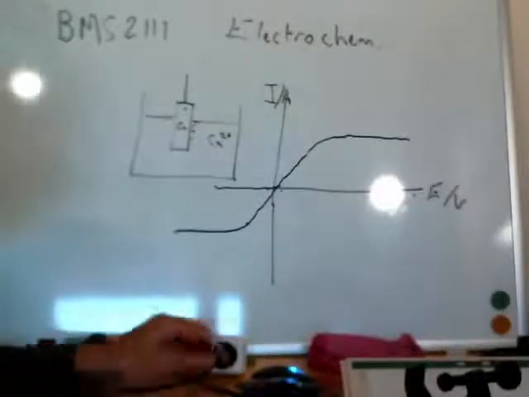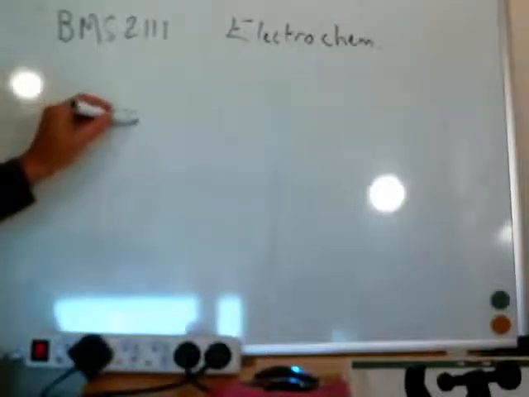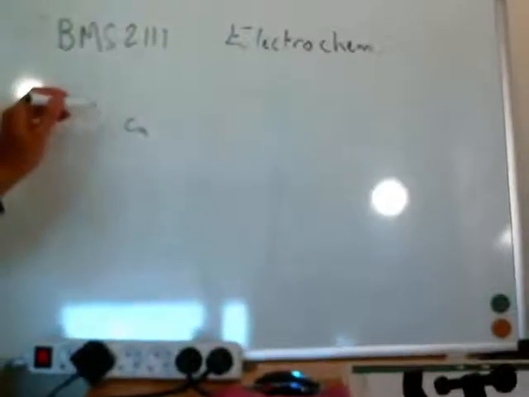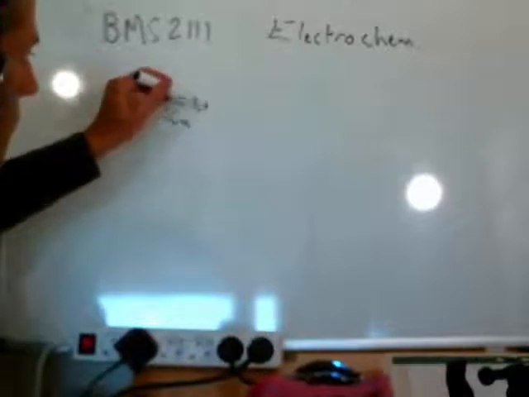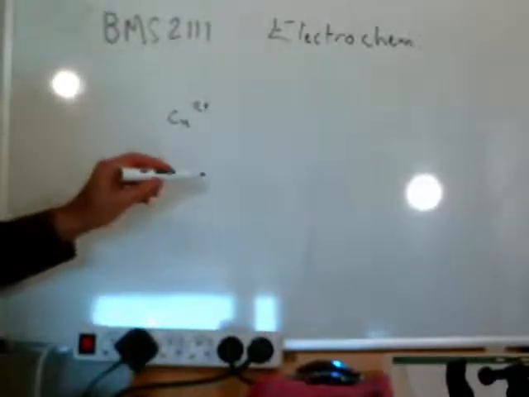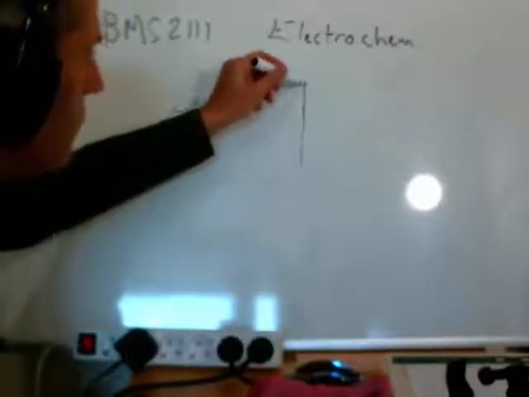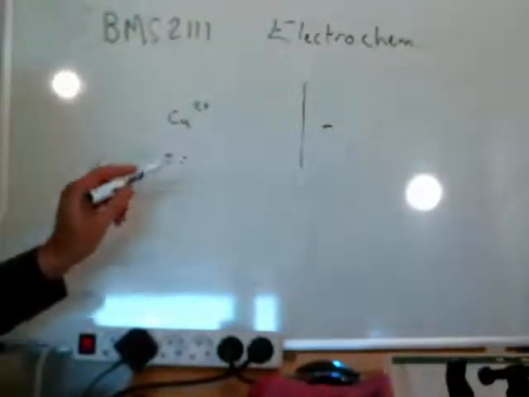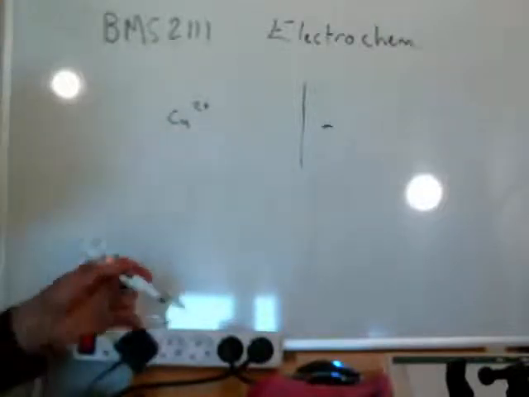But first of all, I'm going to rub this off. If we have our copper 2+ in solution, and we have our electrode, let's put the electrode here, and it is negative, so that's where the metal is. Then near to the electrode we will have some kind of ions.